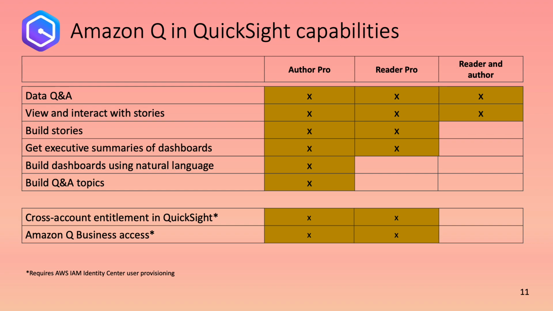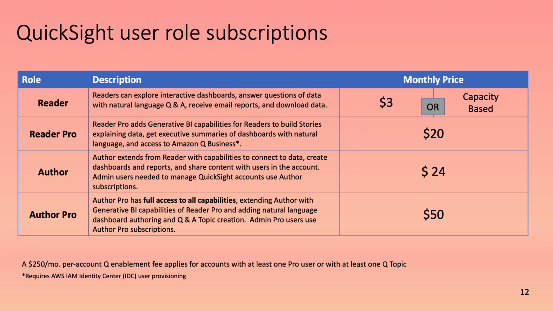Readers and authors also have mixed capabilities in terms of viewing and creating. But this is something we can organize a whole session on for a deep dive, where you get to know more about the capabilities of each user type. Just for the sake of time, we will brush a bit on role subscriptions.